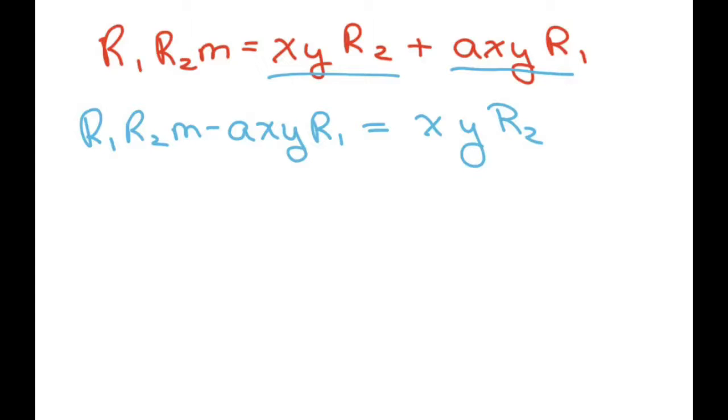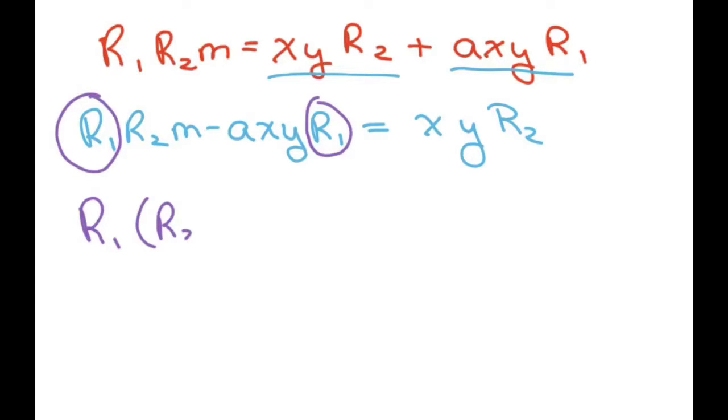Now, since we're solving for r sub 1, I'm going to factor out my r sub 1. So we have r sub 1, and then just copy the rest here. Basically, you're just dividing both of these by r sub 1, but you don't lose your divisor.